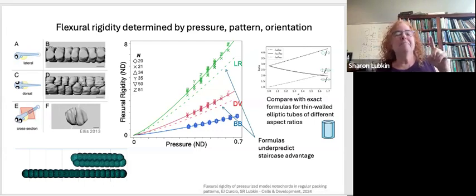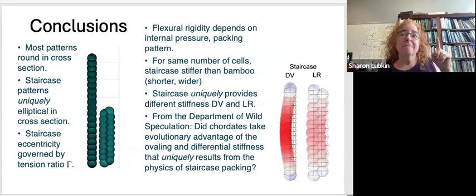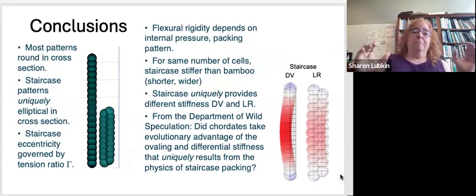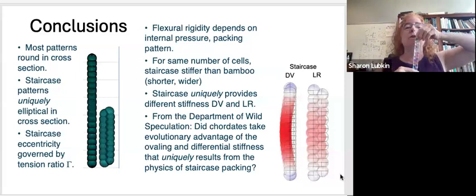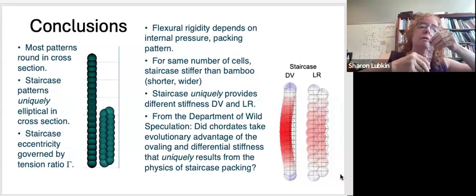If you've got a notochord and you need it to be stiff, it's going to be stiffer when it's in the staircase pattern. And it's going to be much stiffer in the bending direction this way. Because remember, these notochords are in the zebrafish with the zigzags oriented this way. It's longer this way, which means it's stiffer this way.